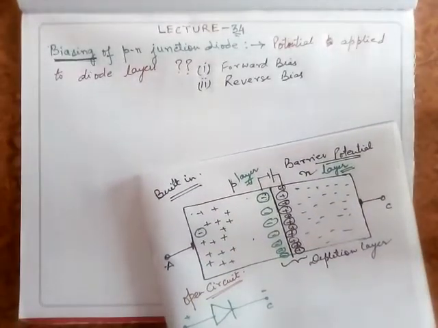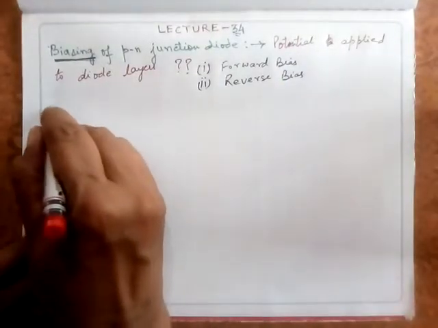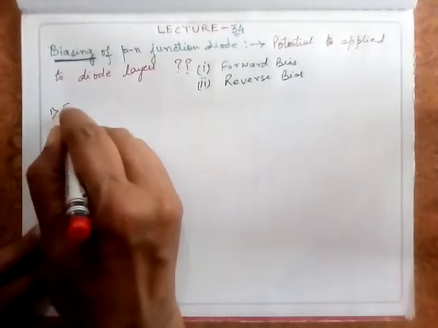I'll discuss them one by one. What do you mean by forward bias and what do you mean by reverse bias? So let's discuss them. First, I'll come to forward biasing.